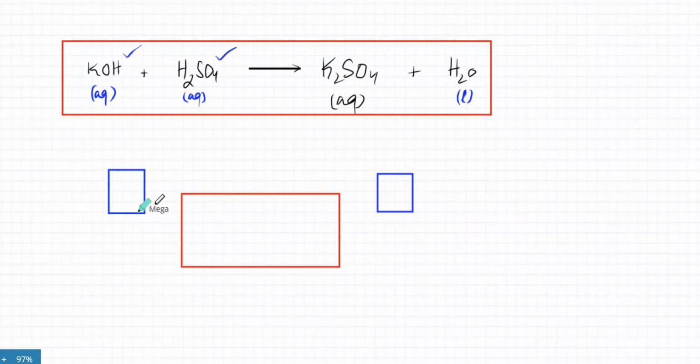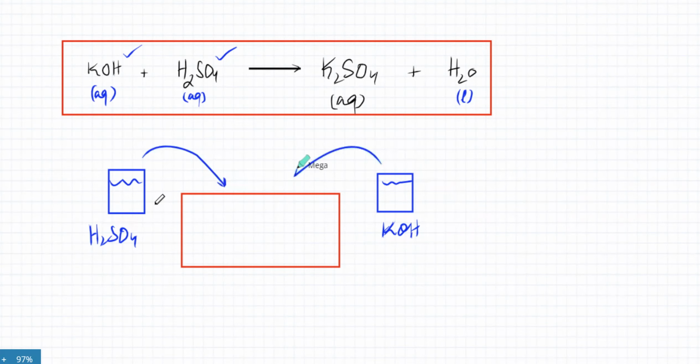This one contains H2SO4, and this beaker over here contains KOH. You grab two bottles and you mix them together. And there's going to be a reaction, and K2SO4 plus water are going to be produced, right?